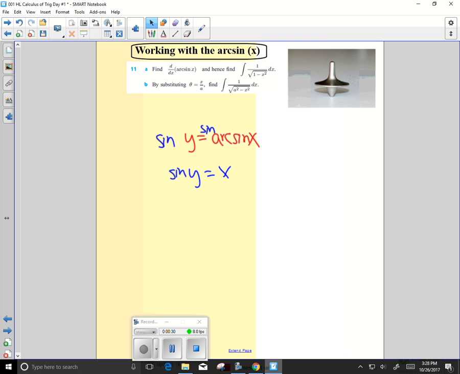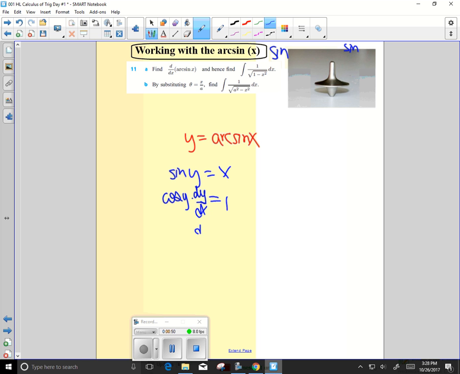So in doing that, we can take the derivative of both sides and get 1 equal to cosine y dy dx. Solving for dy dx, I get dy dx equal 1 over the cosine of y. And y is arc sine of x.